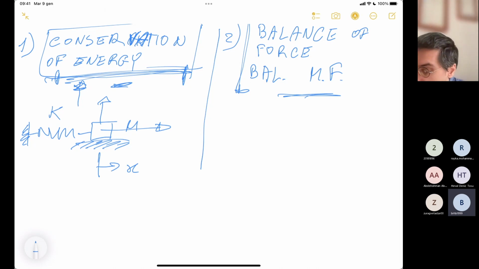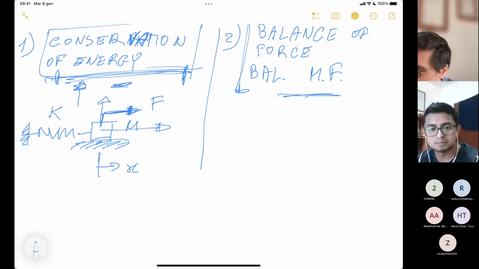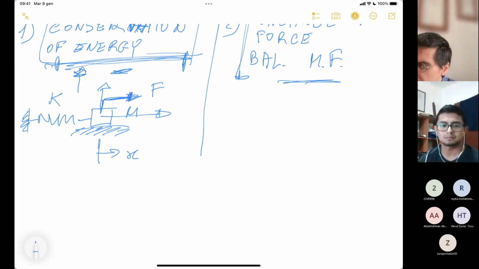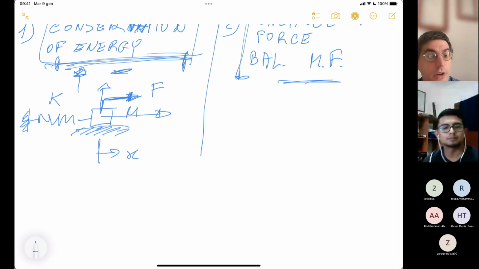You can think about applying to this material particle an external force. I have to define what a force is, but anyway, I can use these customary words today, and the idea is, okay, what is the static deflection of the spring under these circumstances?